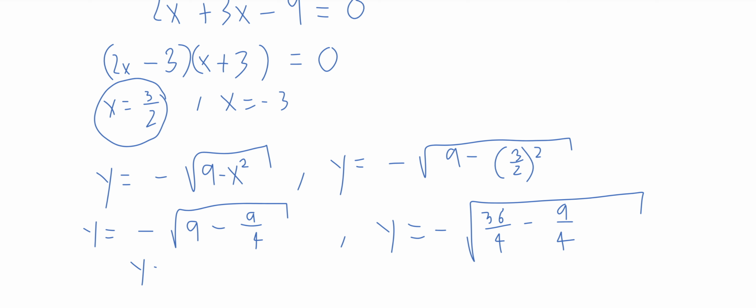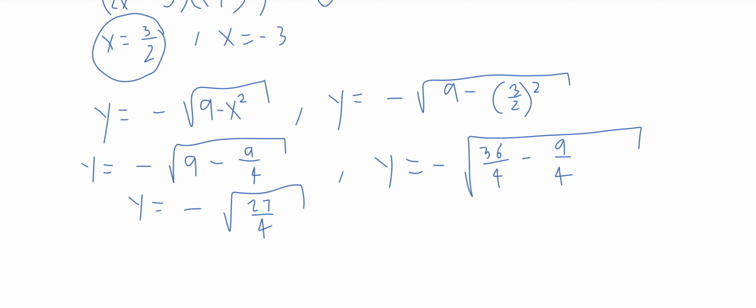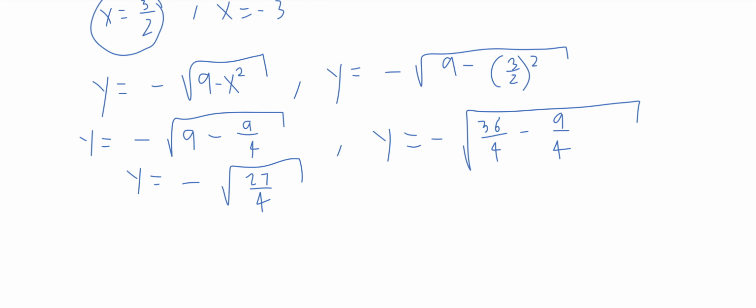So y equals negative square root, 36 minus 9 is 27 over 4. So finally, the y coordinate of R is minus square root of 27 over 2.